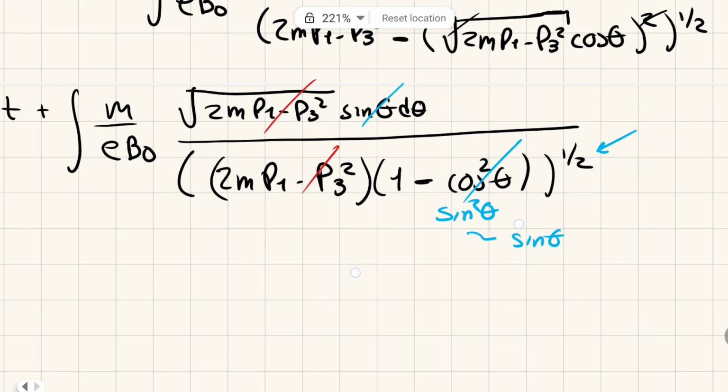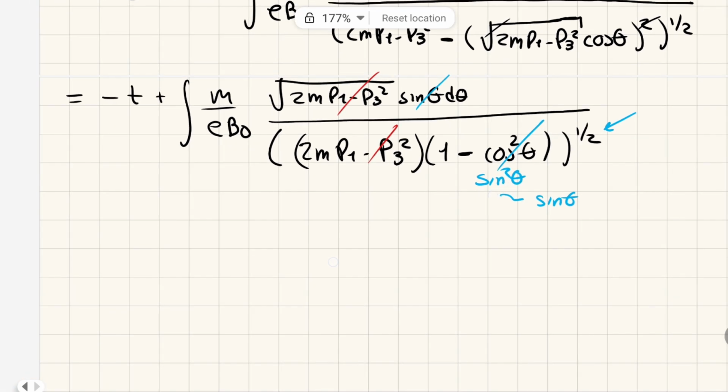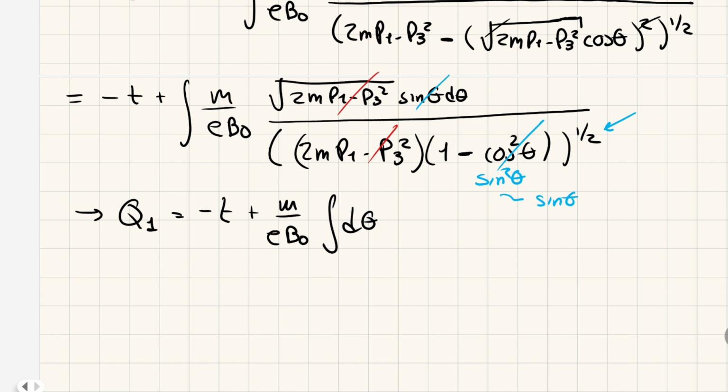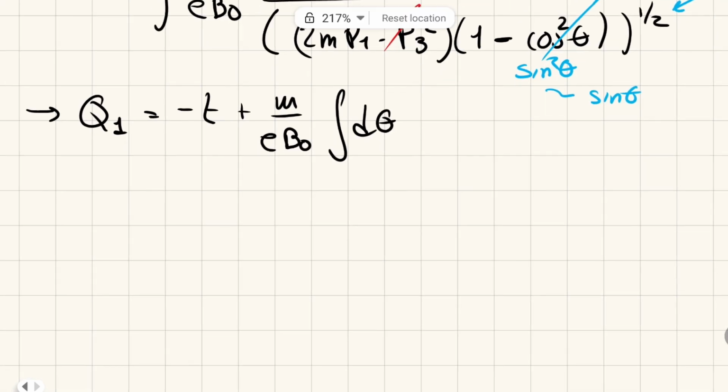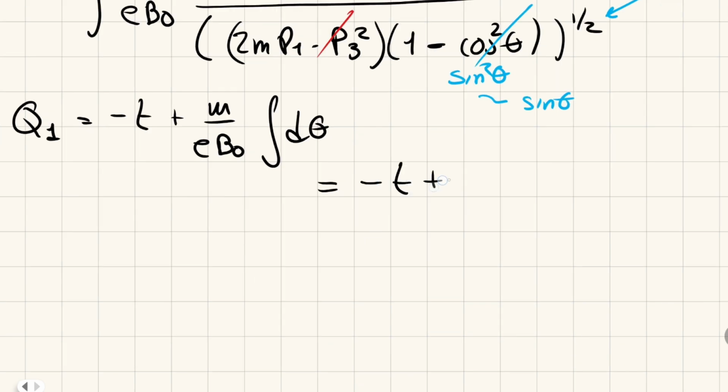So all this gets cancelled. And then we will get that q1 is equal to minus t plus m divided by EB0, and we only have the integral of d theta. Perfect. So we immediately see that this is equal to minus t plus m theta divided by EB0.